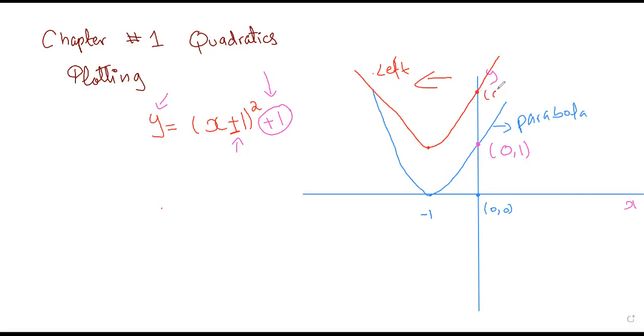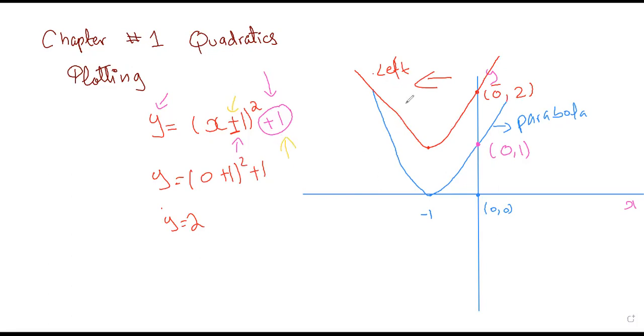The value of x is 0 because this is the y-axis. So y equals 0 plus 1 square plus 1 will give me y equals 2. So this is 0 comma 2, right? Have you understood this? What is the concept? The concept is when we add 1 to x, our graph moves 1 unit left. And when we add 1 to y like this, our graph moves 1 unit above.